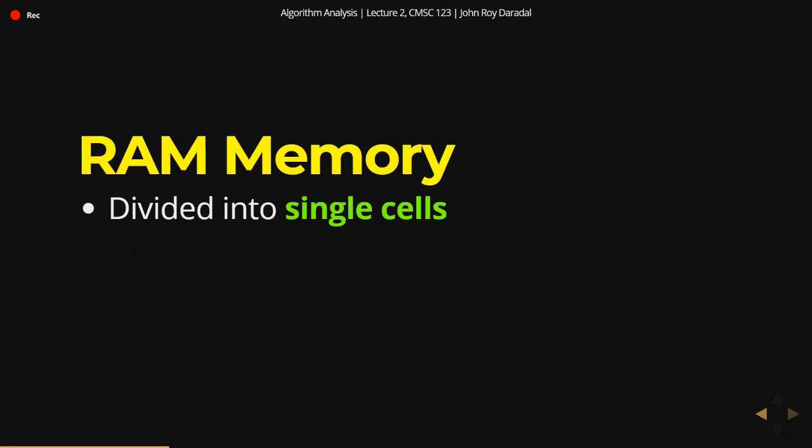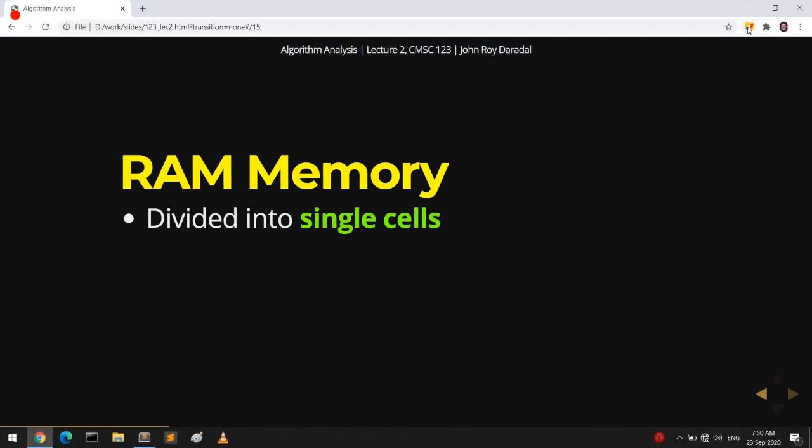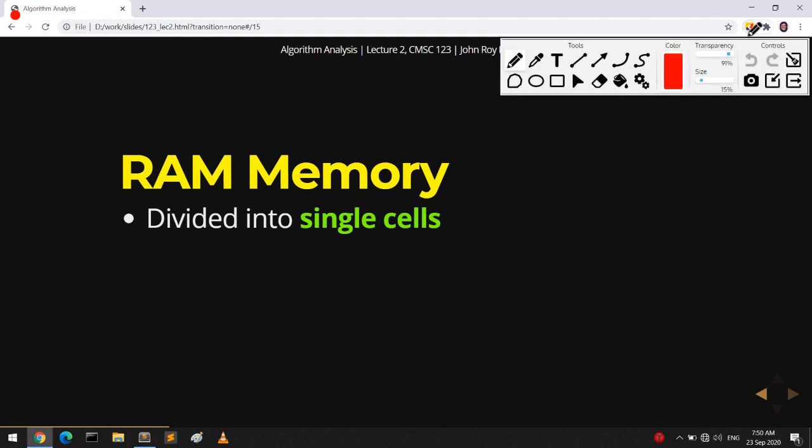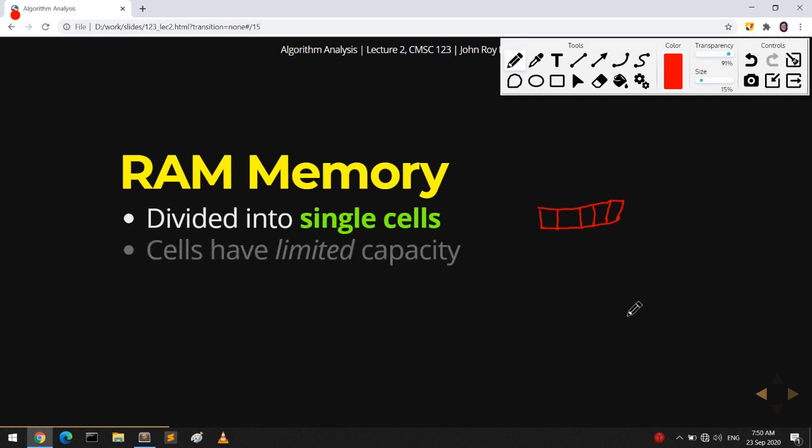Now, let's talk a little bit about the RAM memory. So the RAM memory is divided into single cells. For example, look something like this. So that's one cell, and another cell. Okay, so RAM memory is divided into single cells.